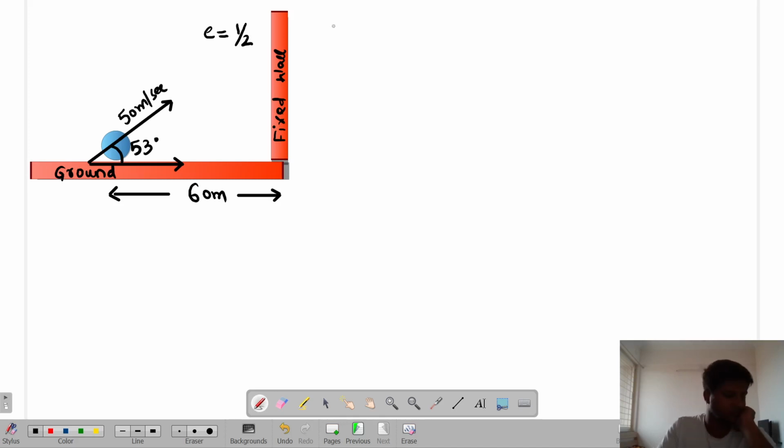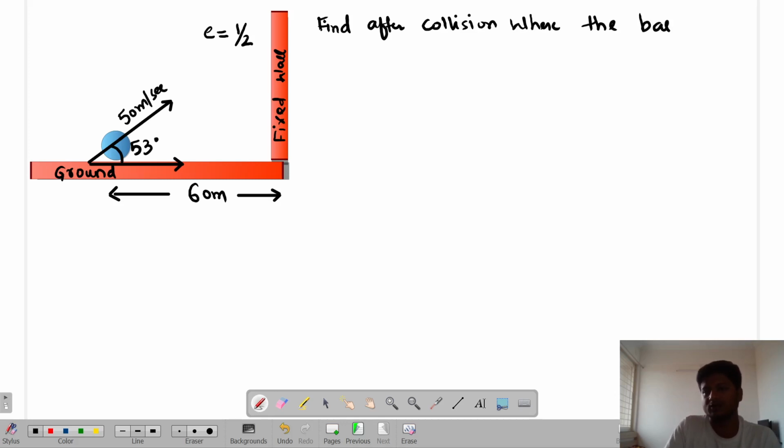The question is simple: if it collides with the wall, then find after collision where the ball hits on the ground.